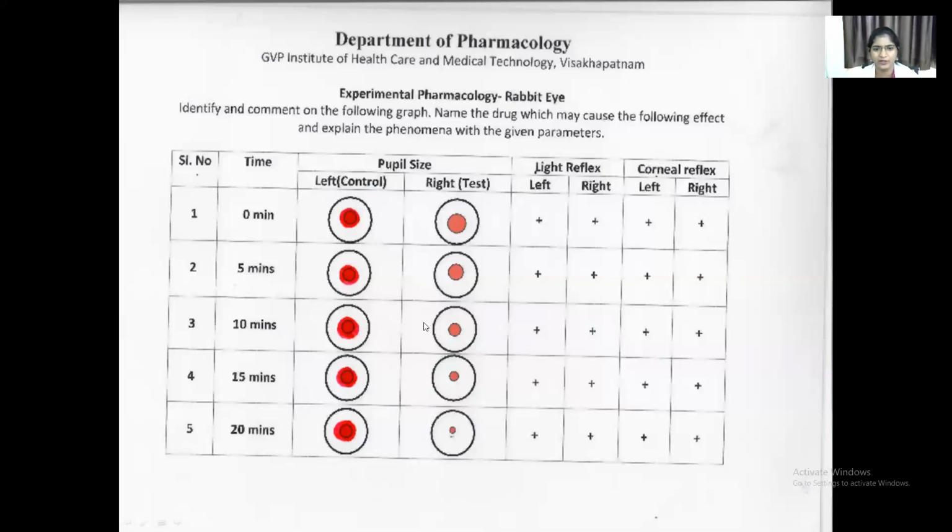And after 10 minutes, you can see it produced miosis. Pupil size is decreased, light reflex is also present, and corneal reflex is present in both eyes. And after 15 minutes, you can see the pupil size decreased, and after 20 minutes, miosis is seen, which is less than 2 mm. So this is the miosis caused by miotic drugs.